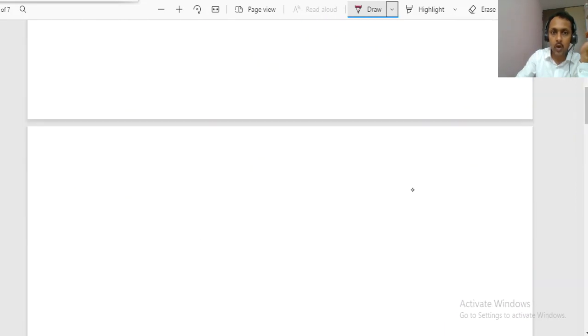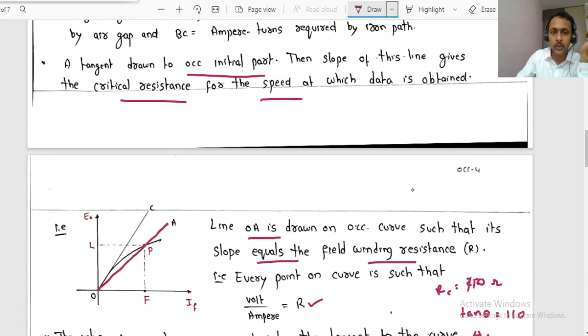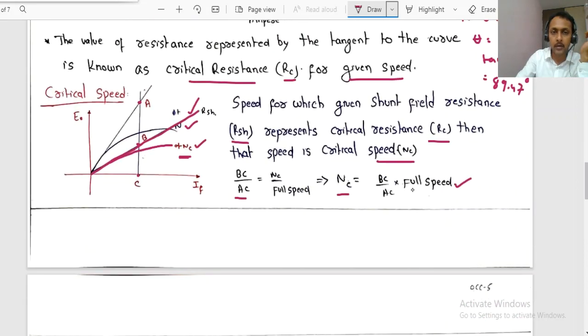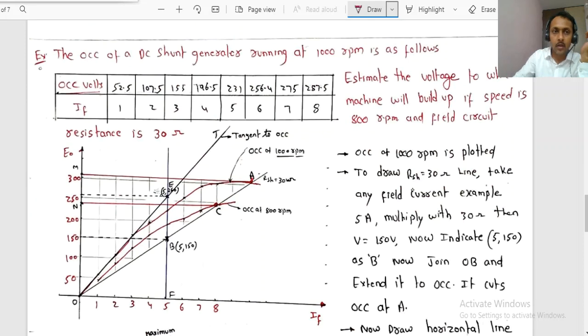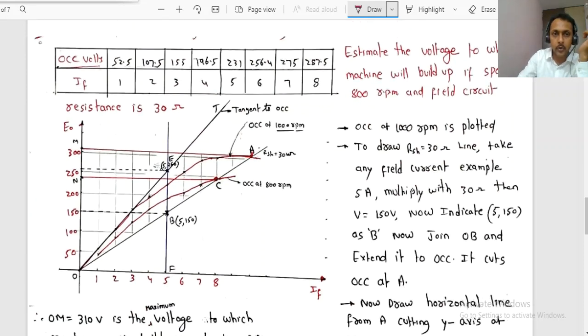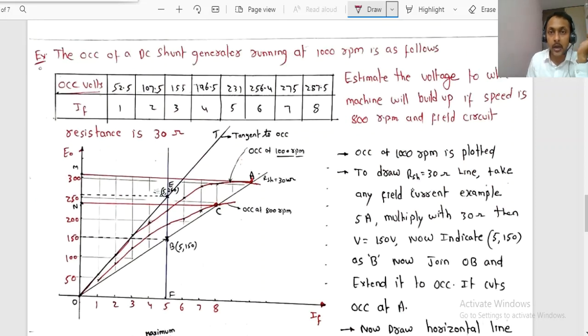Now let me do a small problem on this topic, dear students, so that you will understand it in a better manner. The OCC of a DC shunt generator running at 1000 RPM is as follows. Estimate the voltage to which the machine will build up if the speed is 100 RPM and the field circuit resistance is 30 ohm.